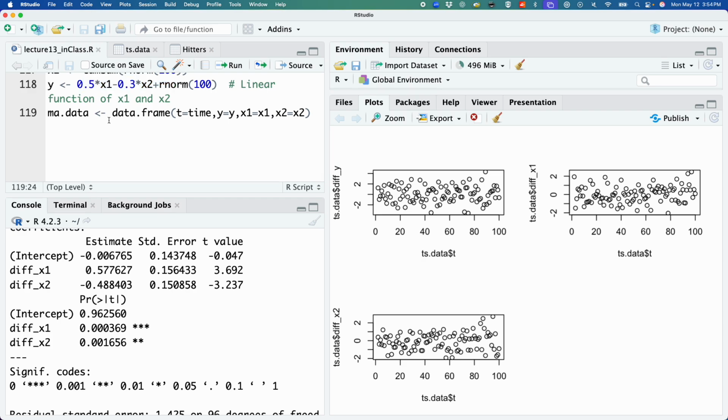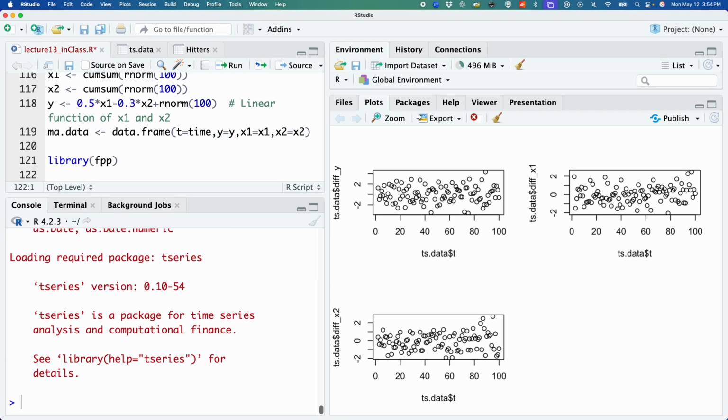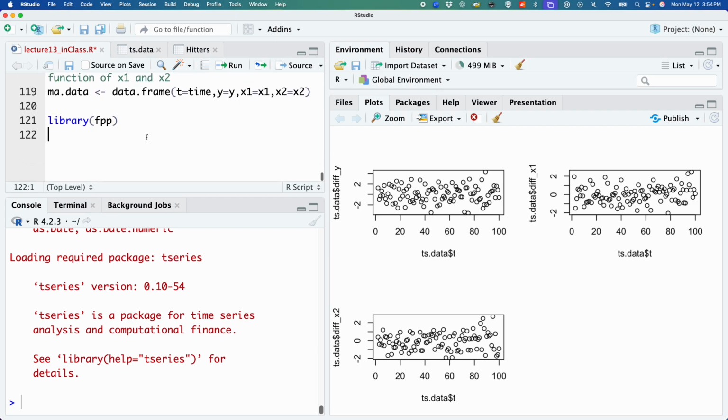And I'm just gonna create a new data frame called MA data. We're gonna use a library called FPP. Let me run all this stuff again, to help do this procedure.